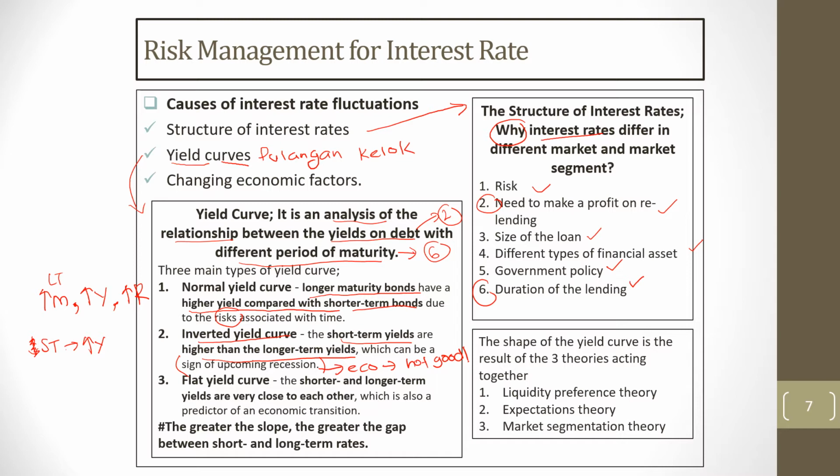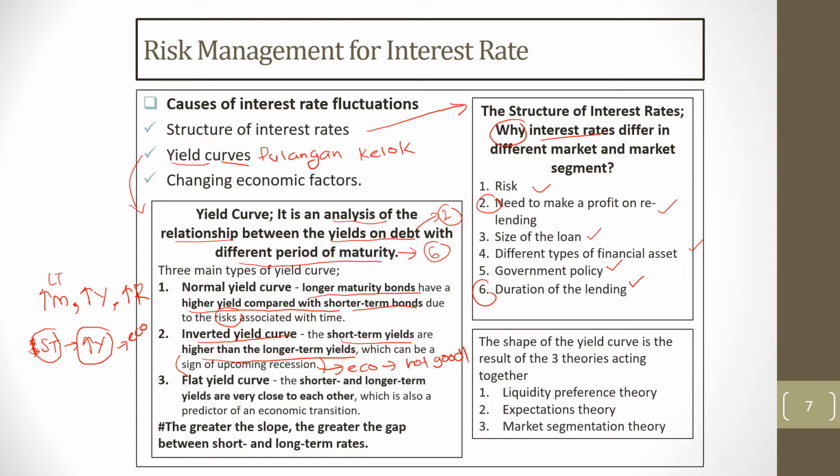So itu untuk inverted. Untuk normal tadi, higher long term maturity will get higher yield disebabkan oleh higher risk. Tapi in this case, when there is short term, so there is a higher risk. Okay, ini adalah disebabkan oleh ekonomi. Ekonomi tak bagus, that's why dia letak on the short term sahaja.